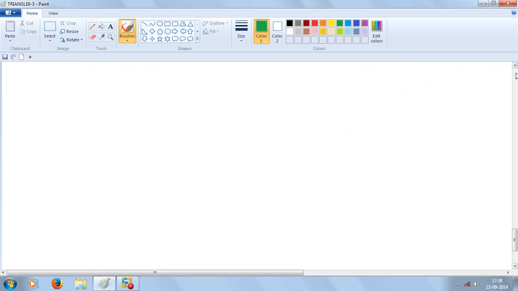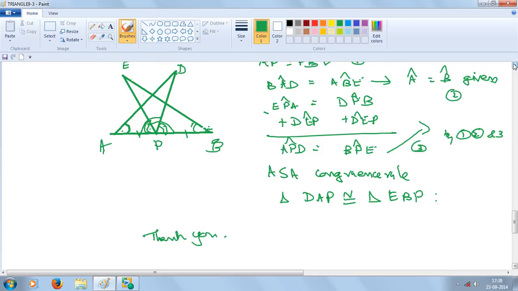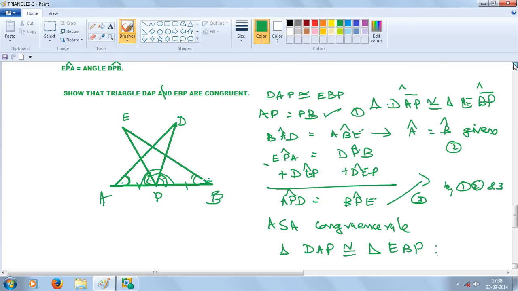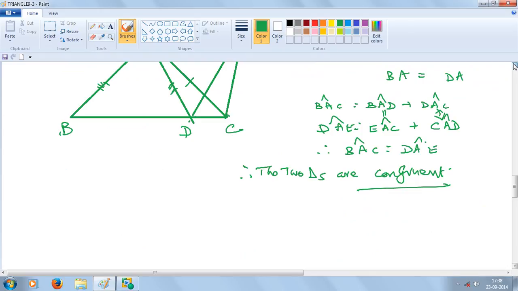So with this we have come to the end of this chapter. In this chapter you would have observed two difficult problems. You have to draw the diagrams again to understand the basics. See what is given, and try to correlate with the congruence rule, either the ASA congruence rule or the RHS congruence rule.